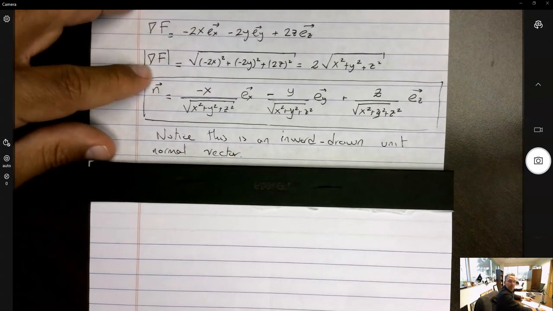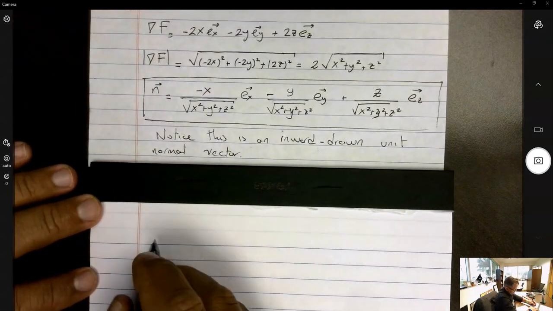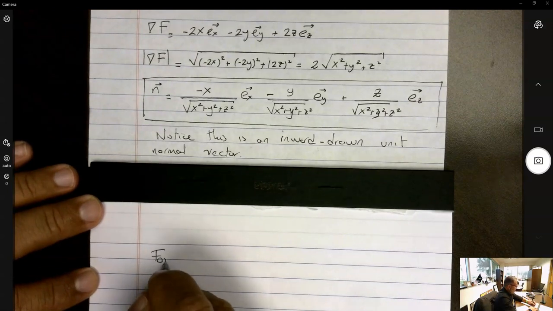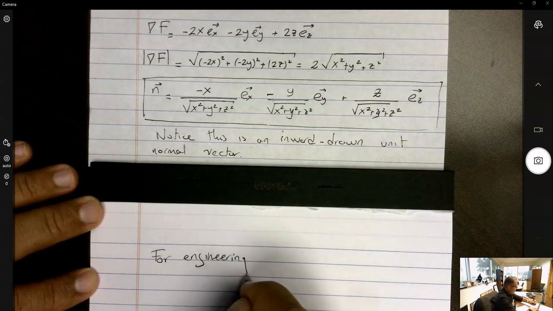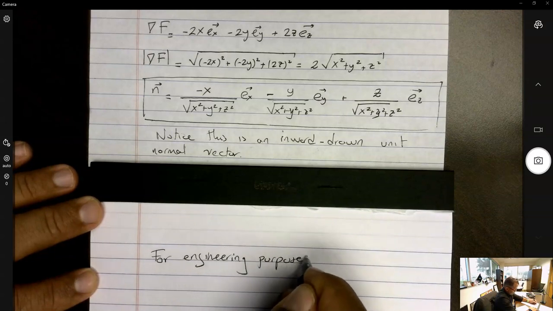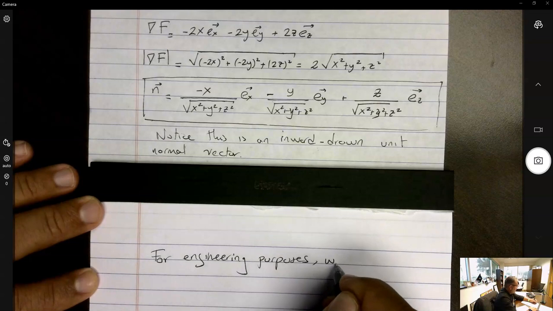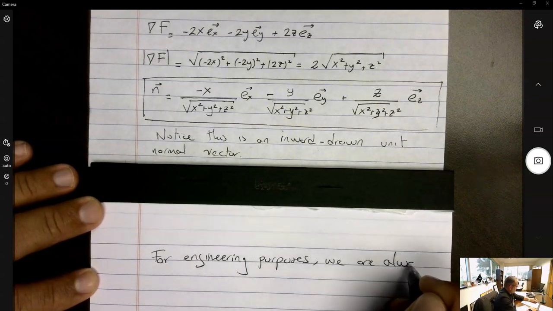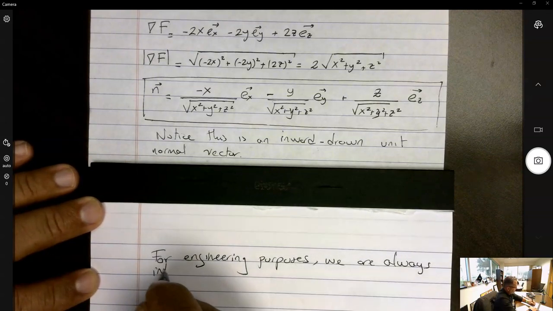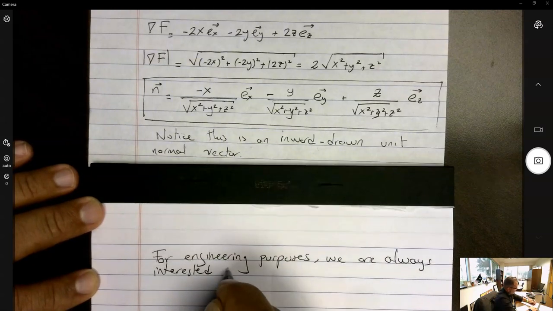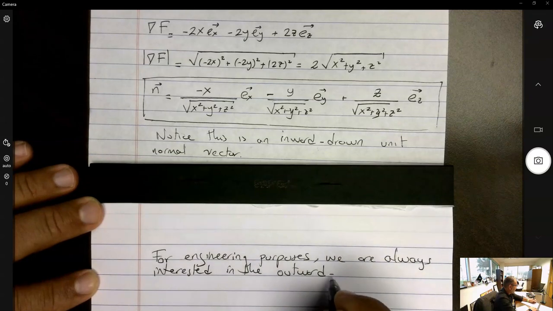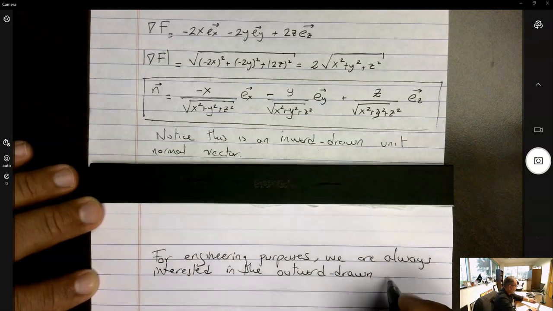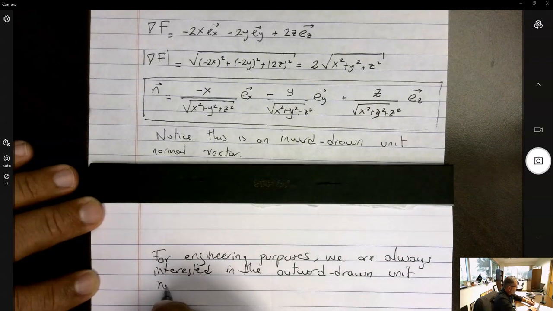For engineering purposes, we are always interested in the outward drawn unit normal vector.